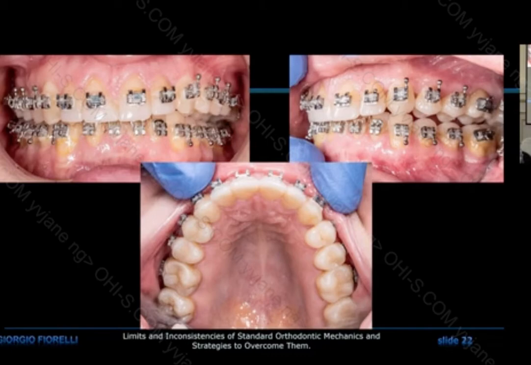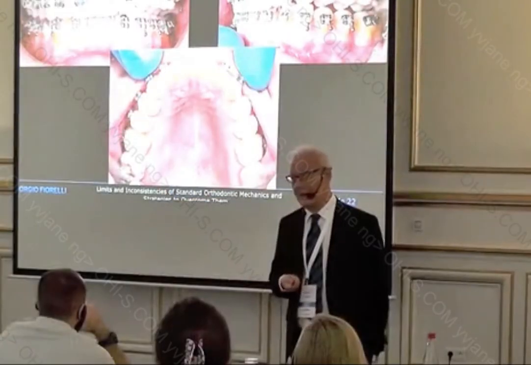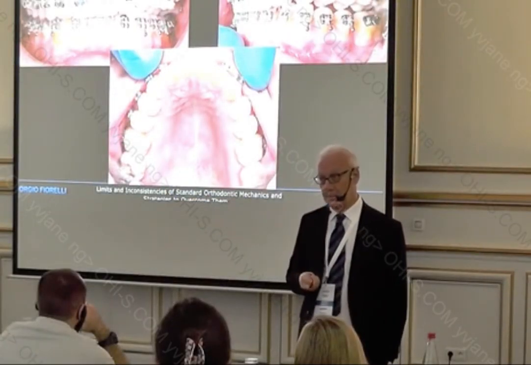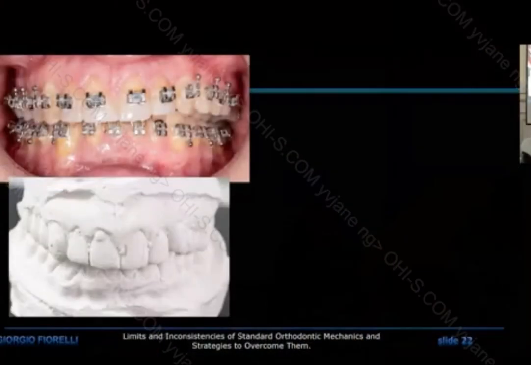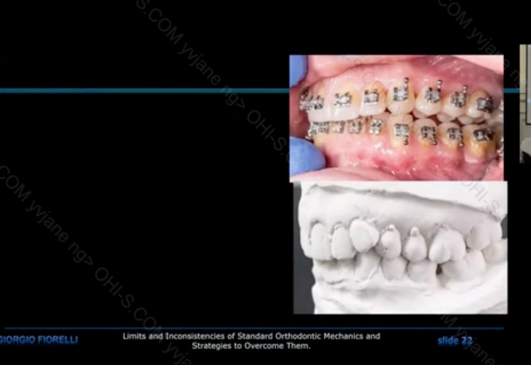And the uprighting of this canine is delivering an intrusive force in these areas, and there is no natural anchorage against intrusive forces. Our natural anchorage are occlusive forces, but of course they are helpless against intrusion forces. Hope you follow me. So now, yes, these are more aligned, aren't they?